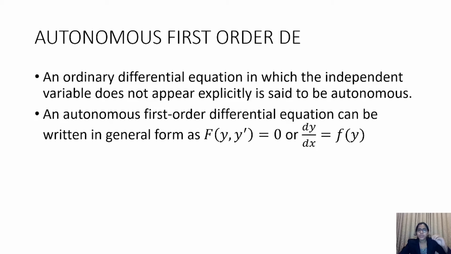The corresponding differential equations that we formed have only the dependent variable and do not contain the independent variable explicitly. That is why we bring about this term, autonomous differential equation.